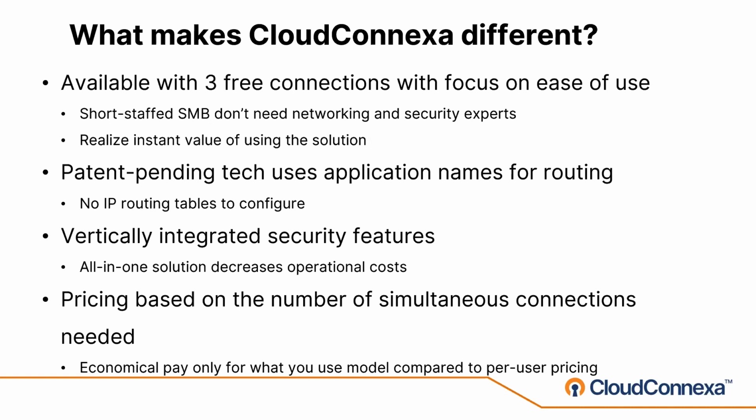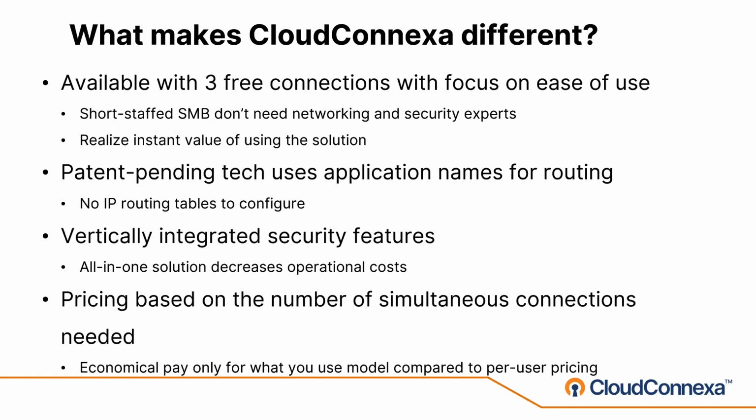One of the features that makes it easy to set up is what we call application routing. So instead of using IP address subnets to declare as routes to various private networks, you can just configure applications using domain names, and the domain names themselves act as a route to those networks.